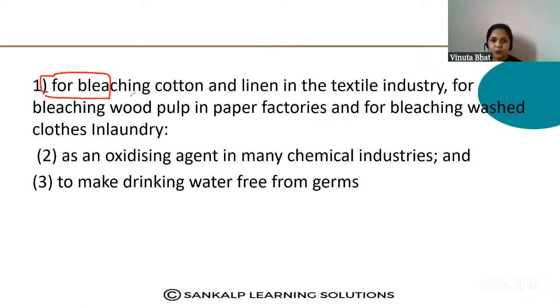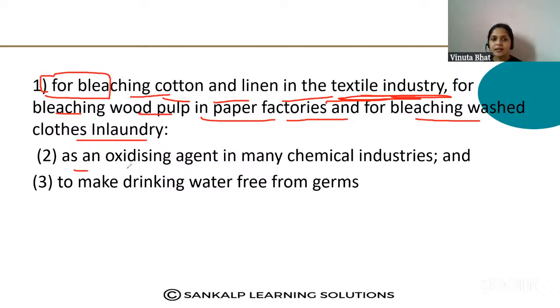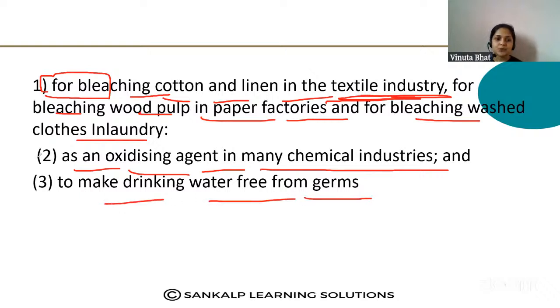Bleaching powder is used for bleaching cotton and linen in the textile industry, for bleaching wood pulp in paper factories, and for bleaching washed clothes in laundry. It is also used as an oxidizing agent in many chemical industries and to make drinking water free from germs. So these are the uses of bleaching powder.